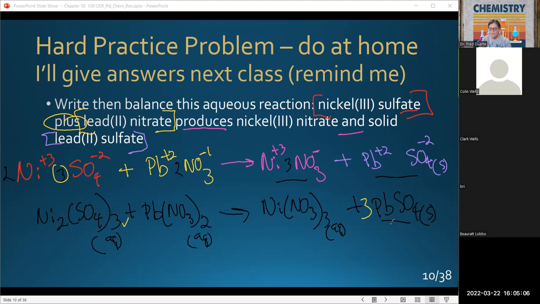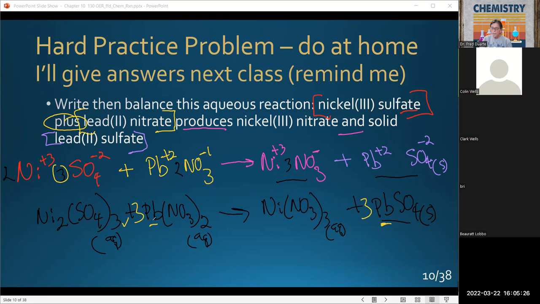What that does is kick up my lead count to 3. No problem. We go back to the reactant side and notice that there's only 1 lead there. So what happens if we put a 3 in front of lead nitrate? That balances out the lead.